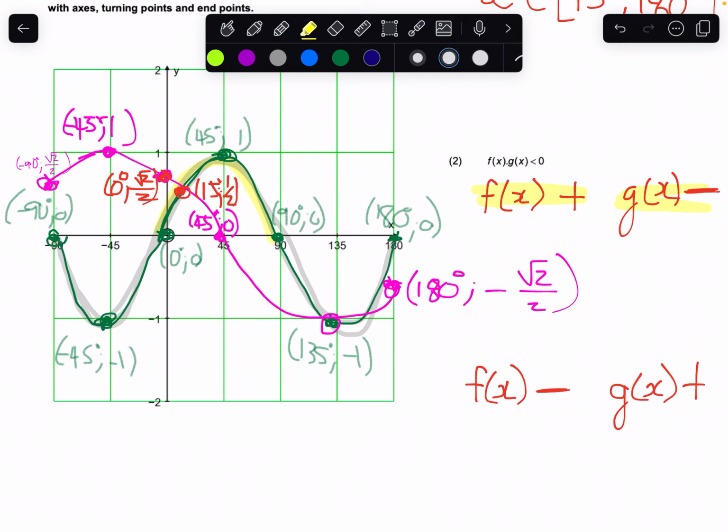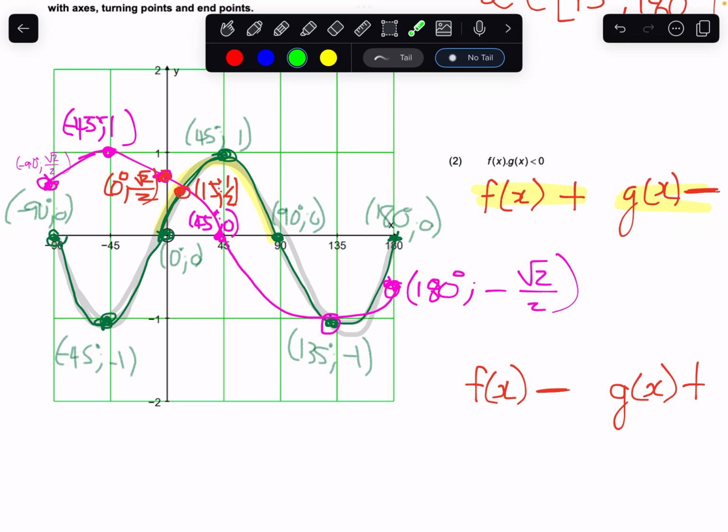So if we look at what's happening with the g graph between 0 and 90, we see that it starts out giving us positive y values. It's giving us positive y values there, but after 45 it gives us negative ones.